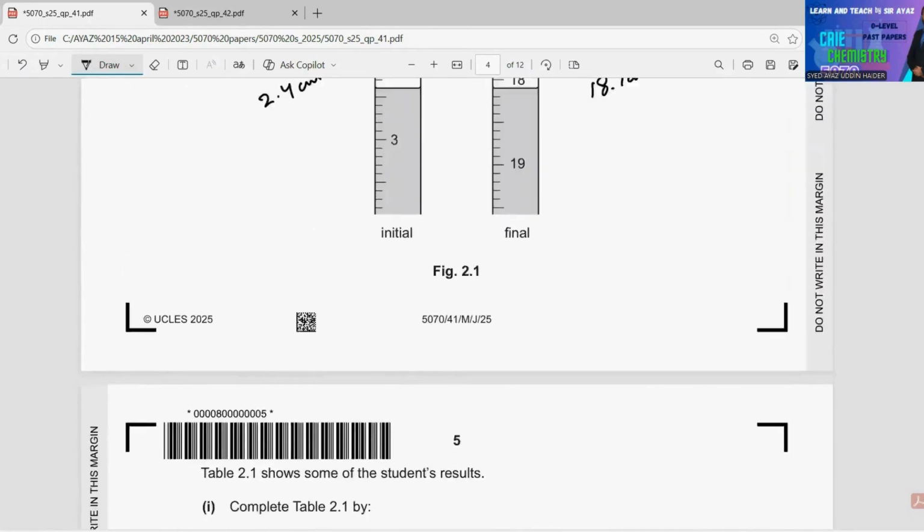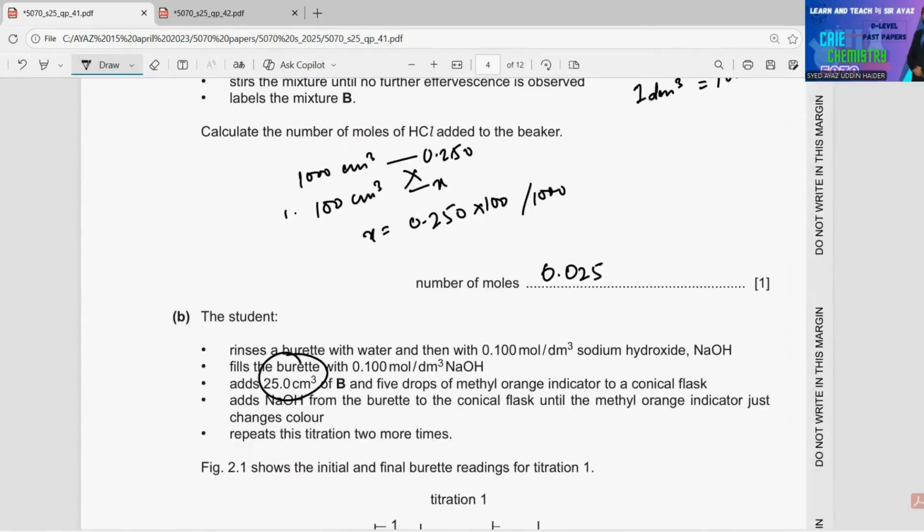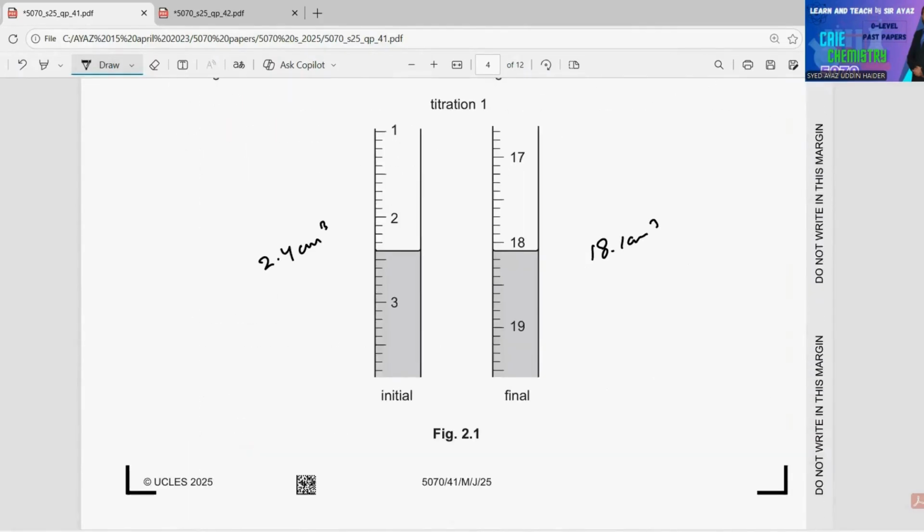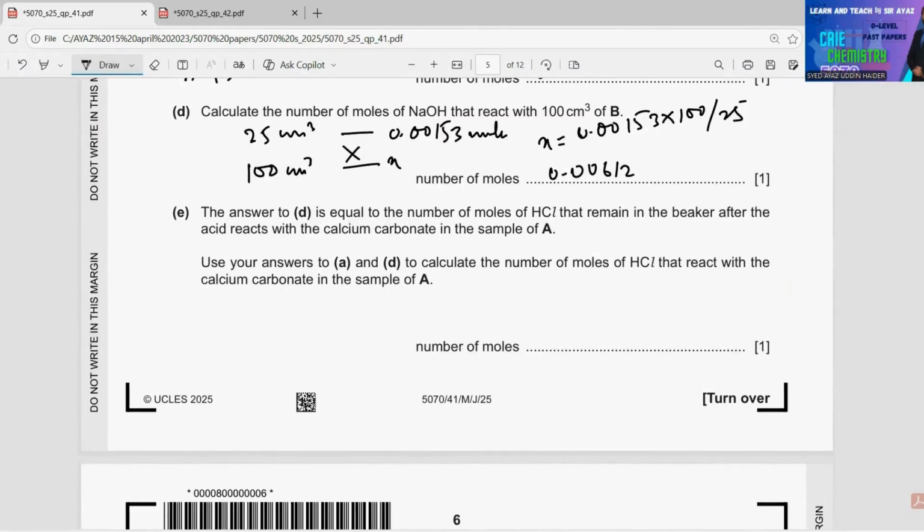Here is A, 0.025. We need to subtract this value. 0.025 minus 0.00612, and you will get 0.0188 moles.